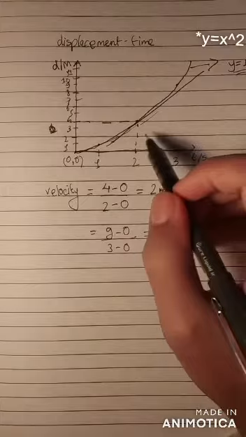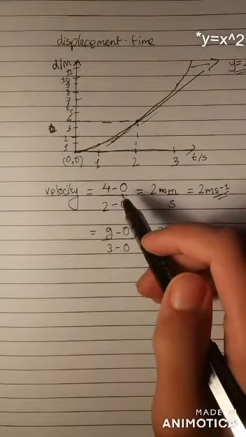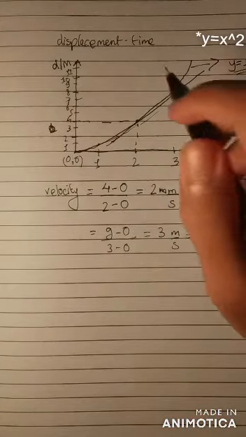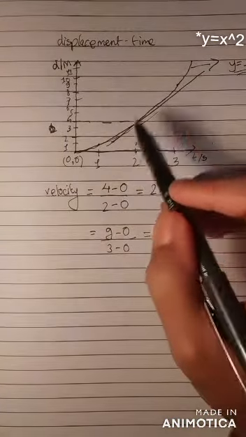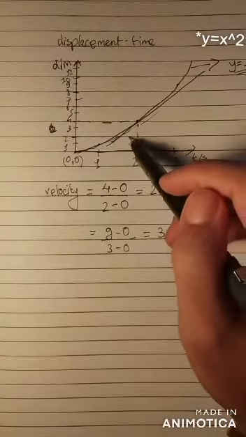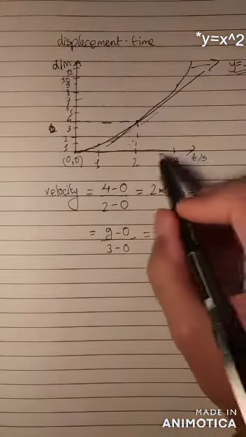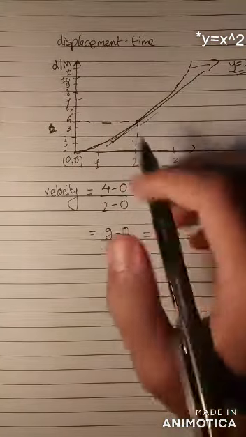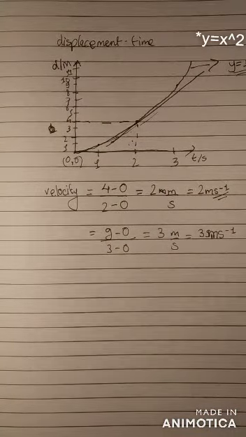Now I'll show you how the distance matters. For that distance we have to use the area inside this graph enclosed with the x-axis and the graph. And for the area we'll have to use integration and differentiation in this example.